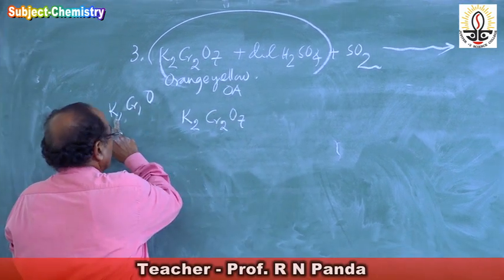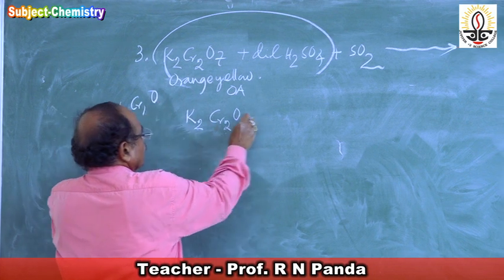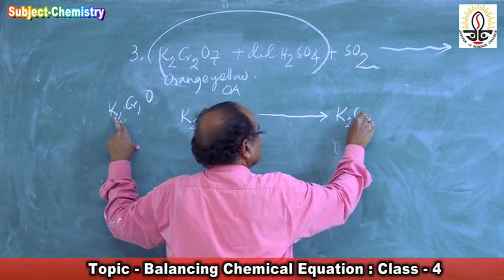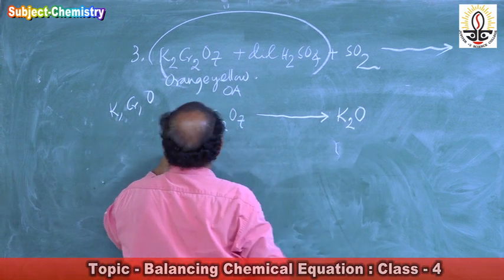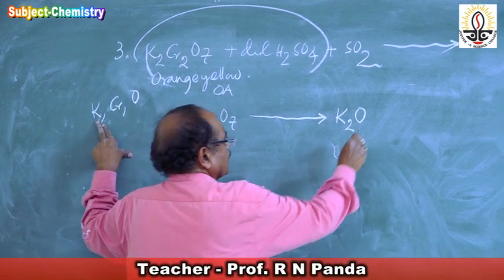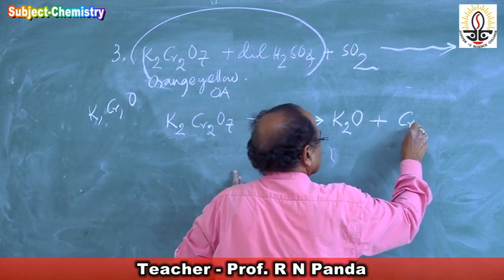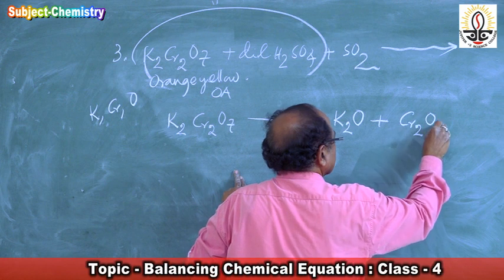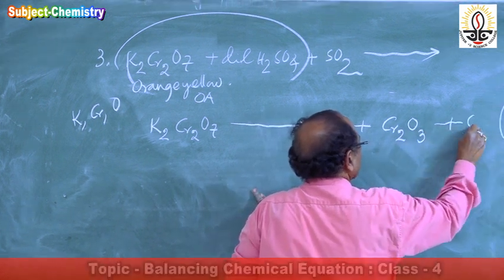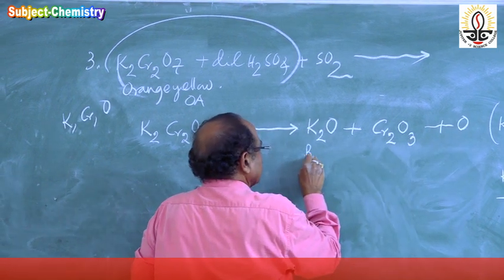So potassium will react with oxygen to form what? Potassium oxide. Then chromium will react with oxygen to form chromic oxide, Cr2O3. Then the rest of the O will come out. Potassium oxide is basic.